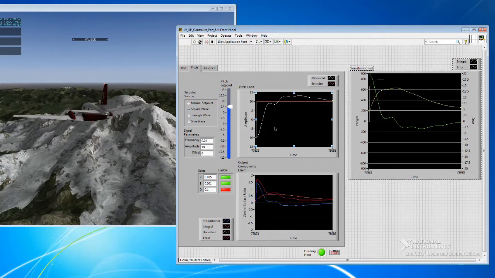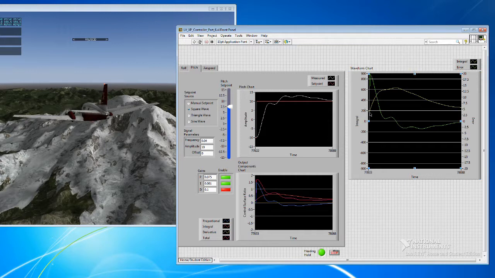If we have a very, very small integral gain and a system that's naturally damped, which pitch is to some degree, then we can avoid the overshoot. But at that point, the integral's also not being very useful to us. It's not doing much.